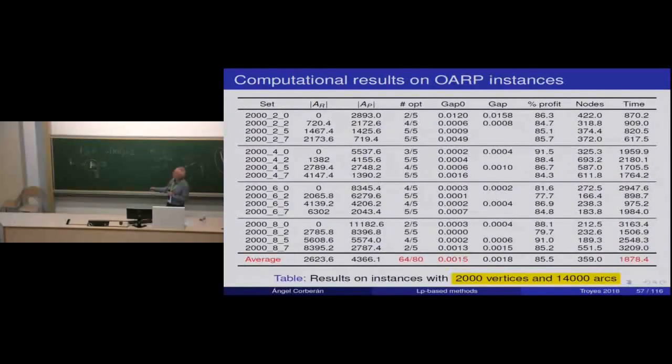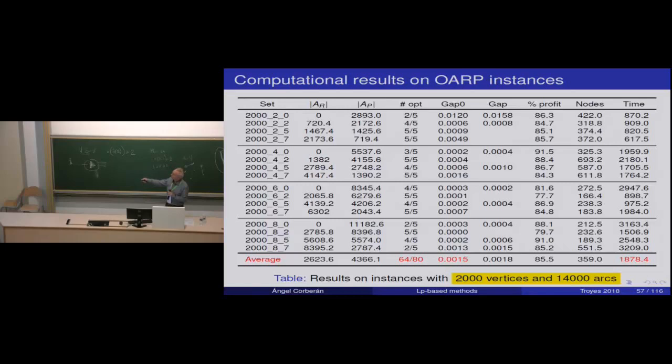Just to show you the biggest ones, they are instances with 2,000 vertices, this number of mandatory arcs to service, and of profitable arcs that can be serviced or not, and we were able to solve 64 out of 80 instances in less than 1 hour of computing time. So again, take a look at the gap at the root node.